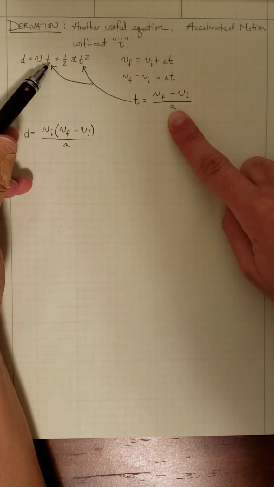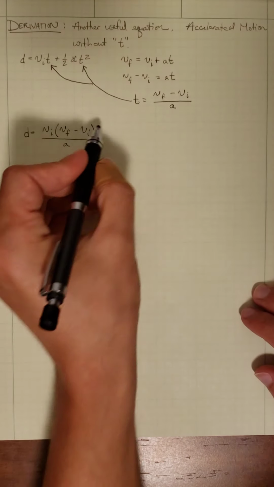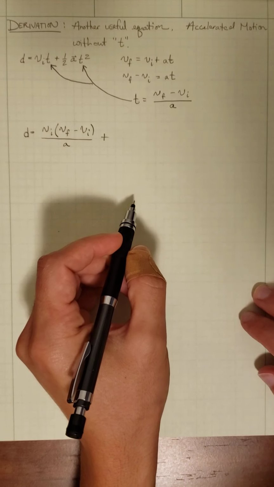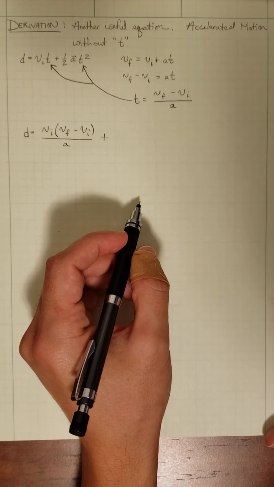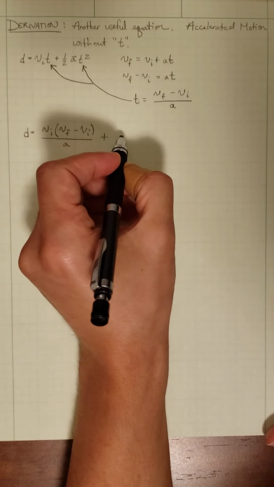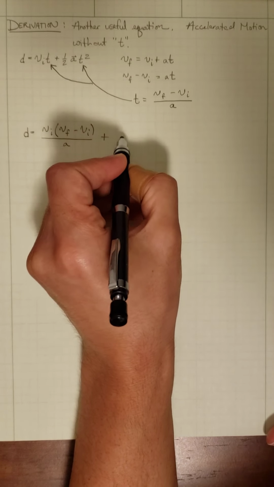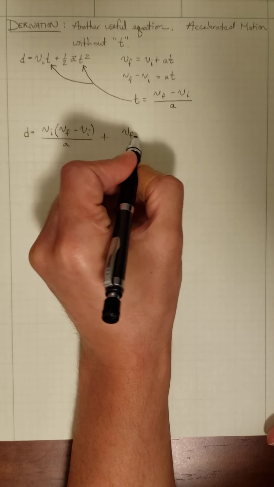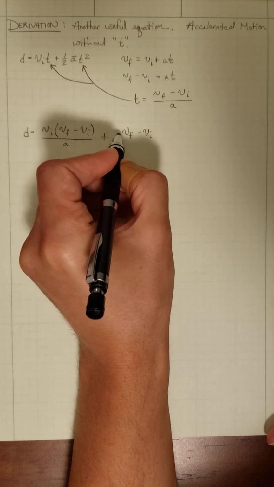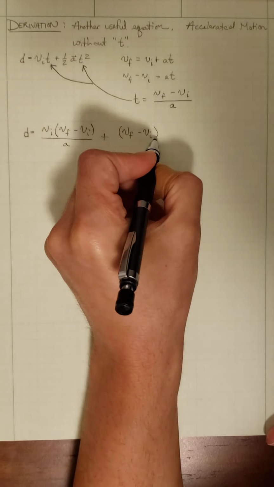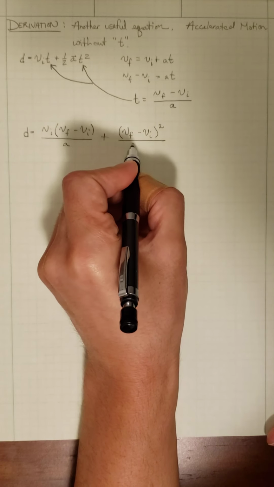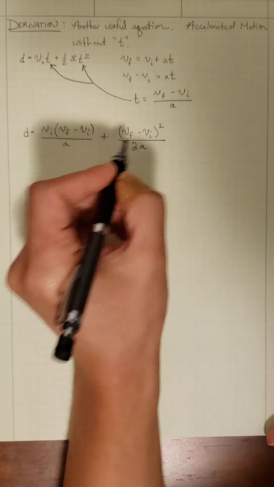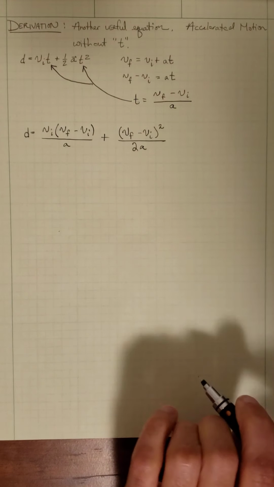That's the t. Plus, if we write vf minus vi squared over 2a. Let's see where that came from.